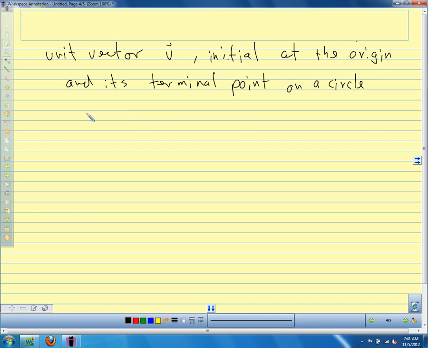And we measure theta, our angle, counterclockwise from the x-axis.